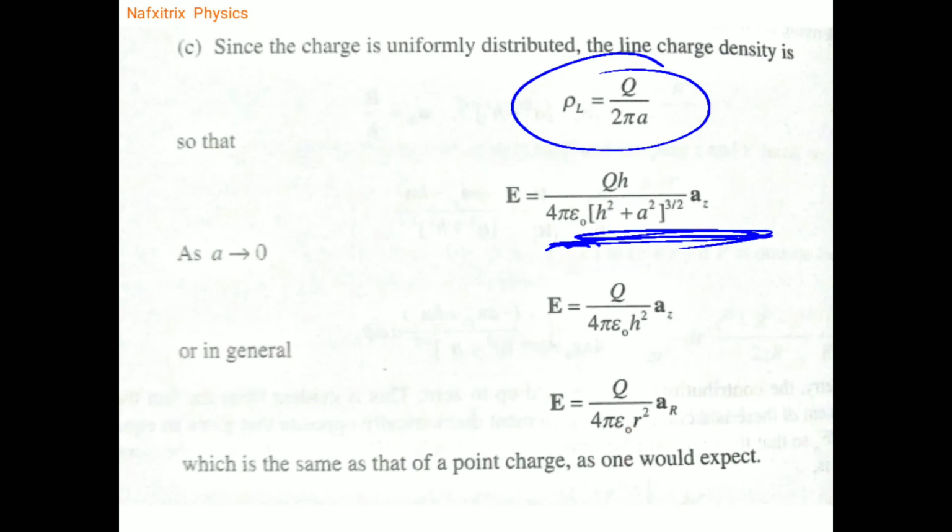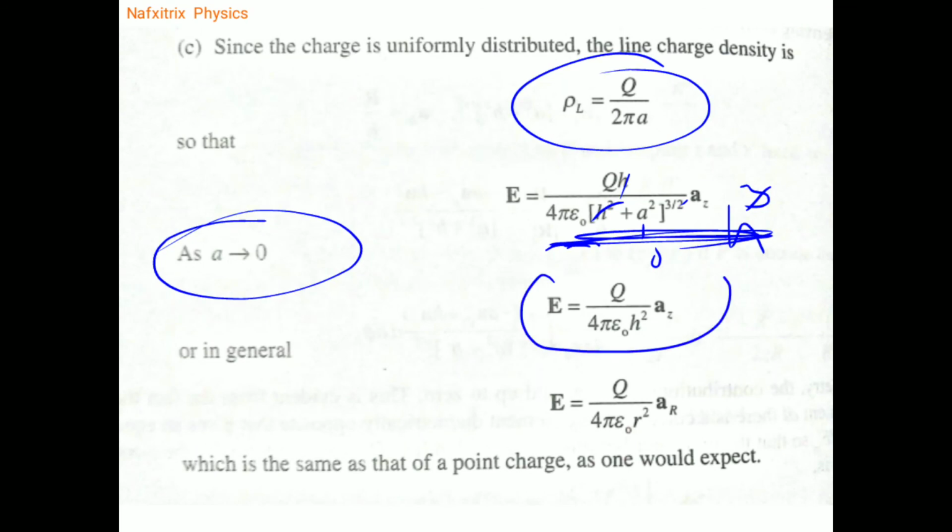So finally you would have this a z, and here as a tends to 0, as they have given, in the place of a we need to keep 0. So h square whole to the power 3 by 2, the square would get cancelled, and we have h cube, h and 3 would get cancelled, so Q by 4 pi epsilon naught h square a z.